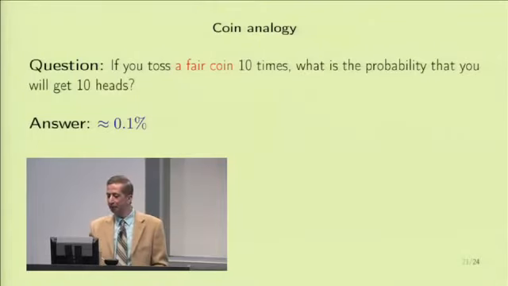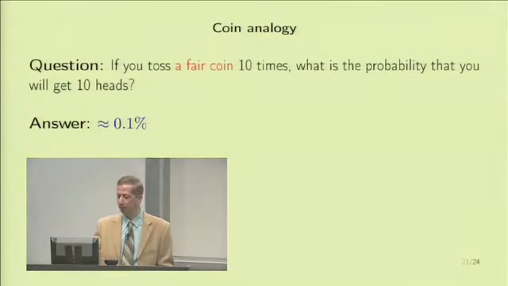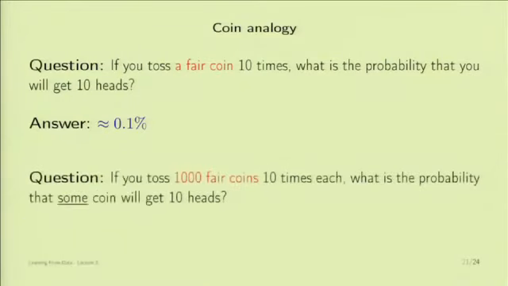Now the second question is the one we actually ran the experiment for. If you toss 1,000 fair coins, it wasn't 1,000 here, but maybe out there it is 1,000, what is the probability that some coin will give you all 10 heads? Not difficult at all to compute.